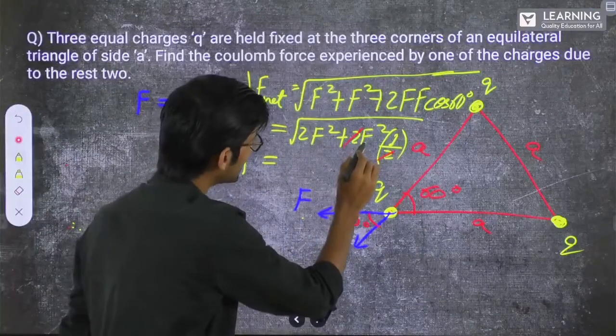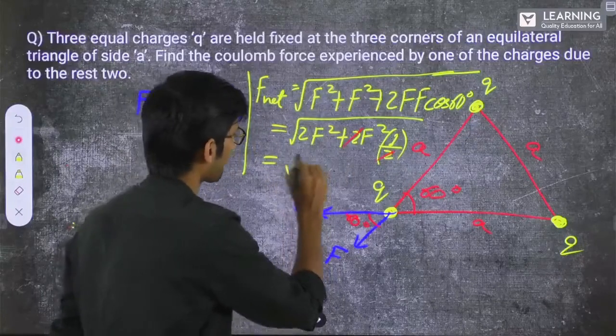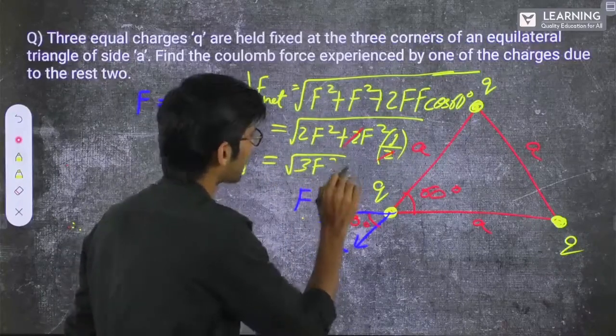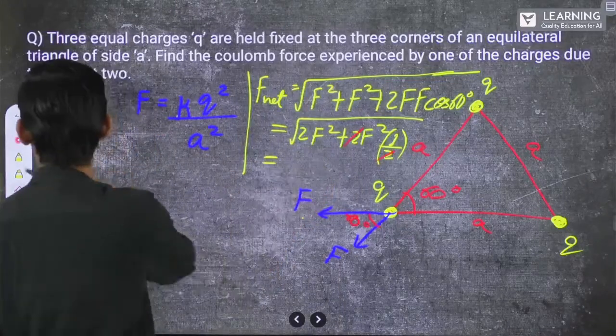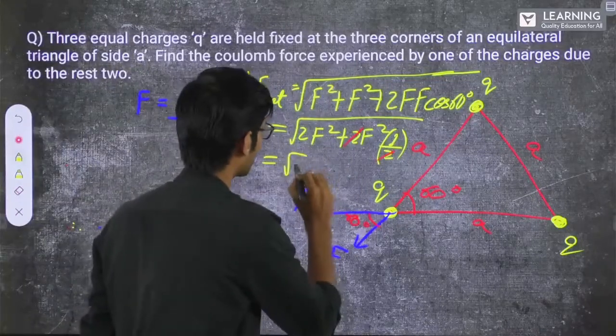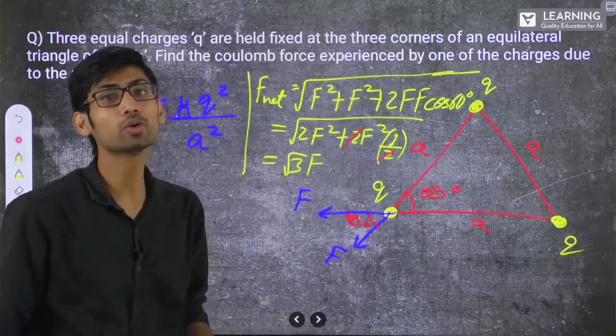Now 2 plus 1, 3. Root of 3F square, that is nothing but root 3 F. So the net force on this charge is root 3 F.